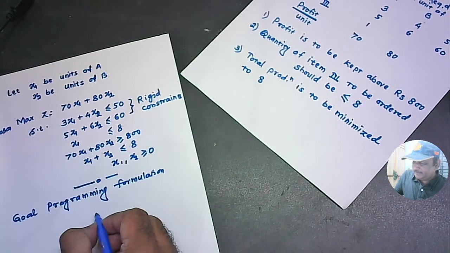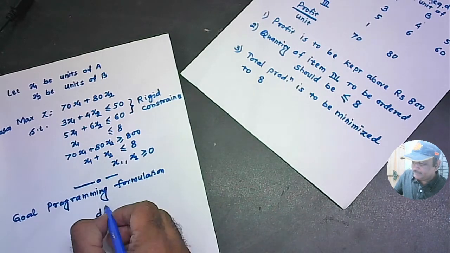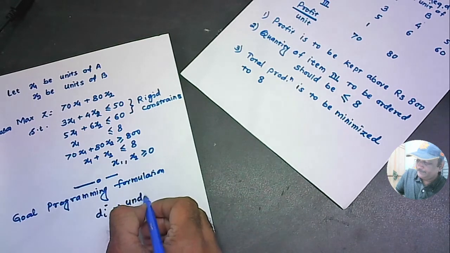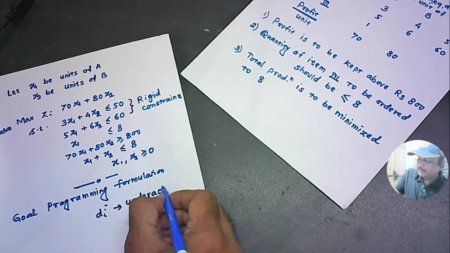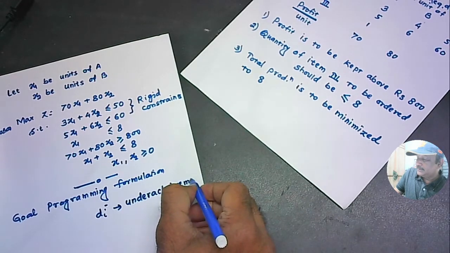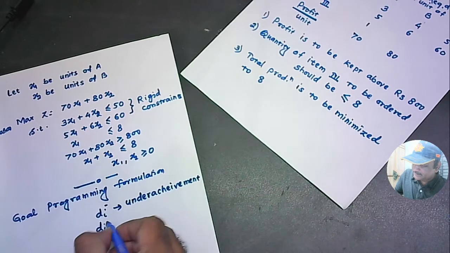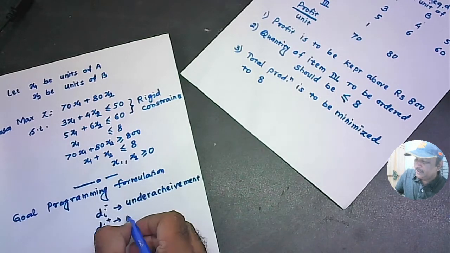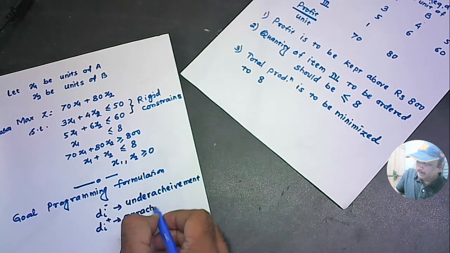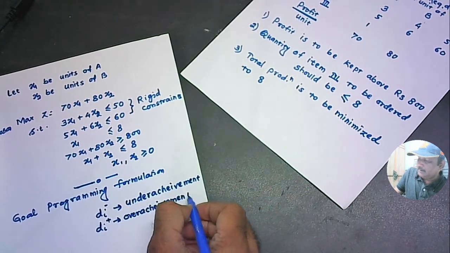I will call one variable di minus, the underachievement, and di plus, the overachievement.